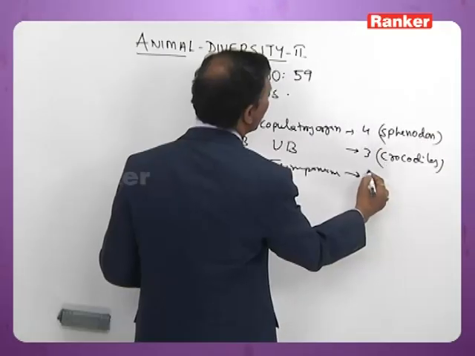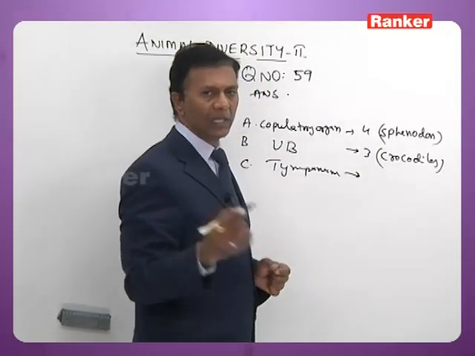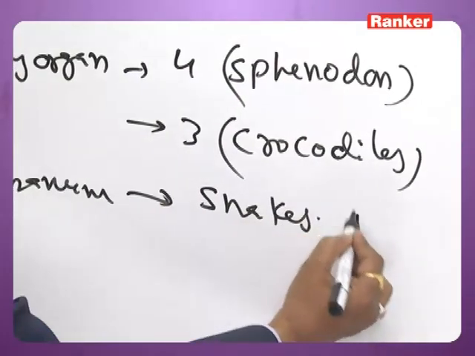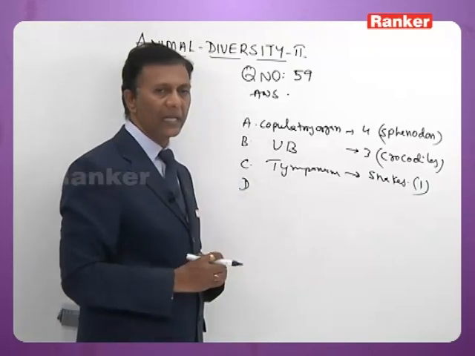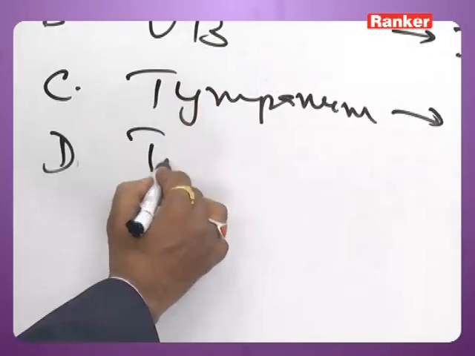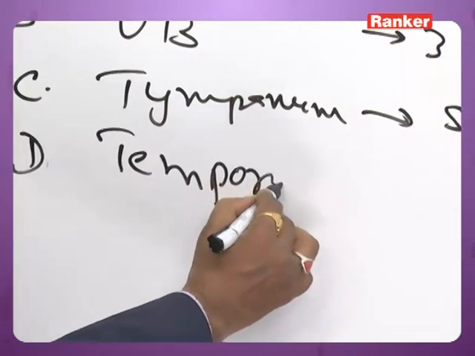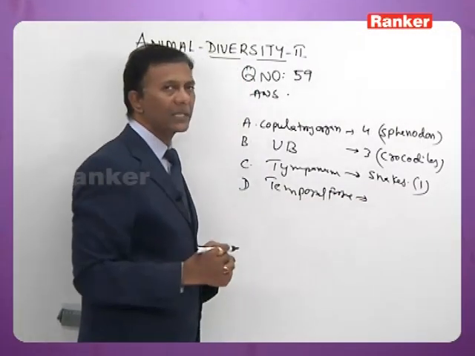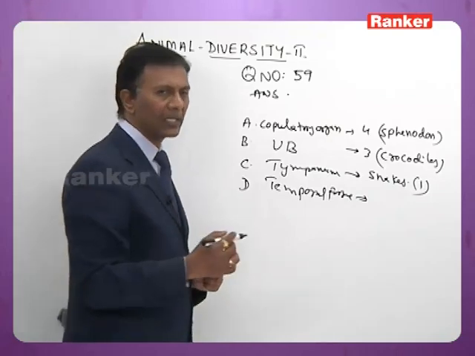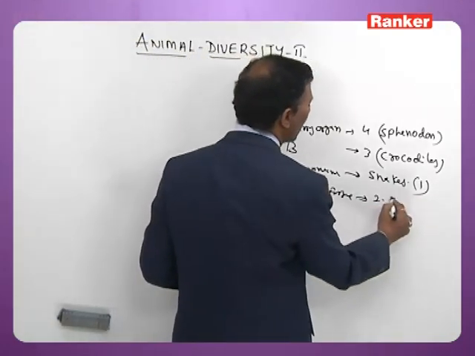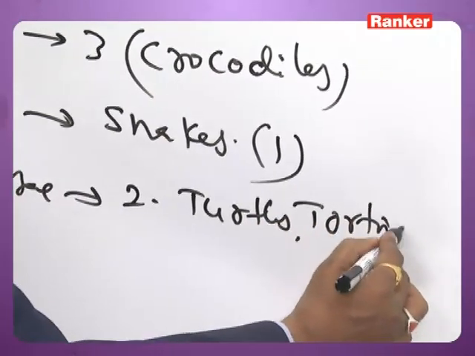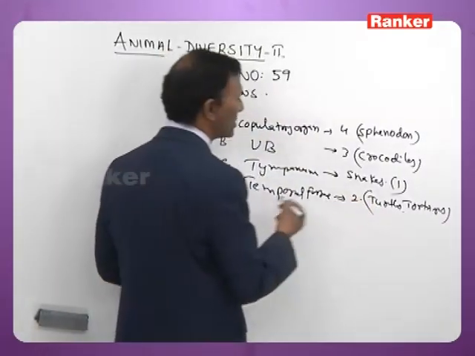Tympanum is absent in snakes. So the first option is correct. Next, D. Temporal fossae. Temporal fossae are absent in turtles and tortoises. So the second option is correct.